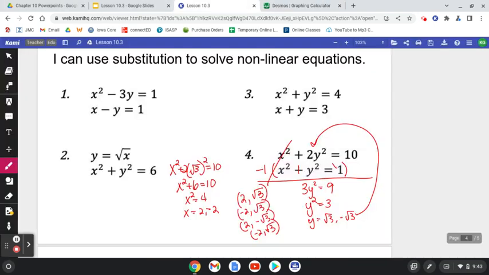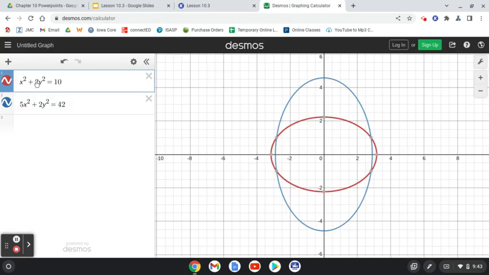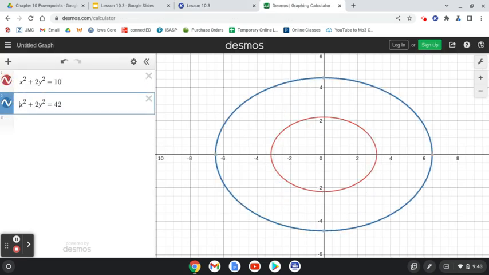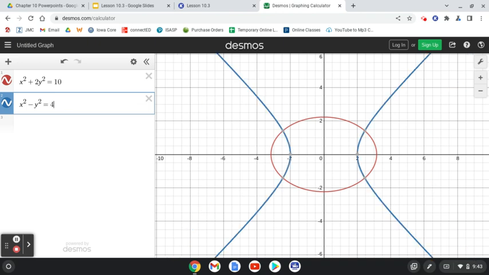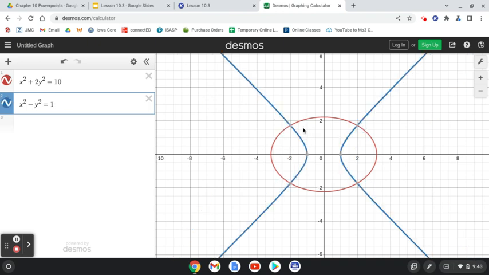So it was 1x squared minus 1y squared equals 1. Since it's a minus, it's going to be a hyperbola. And they cross at those 4 points we listed. Again, the square root of 3 we referenced as 1.7.